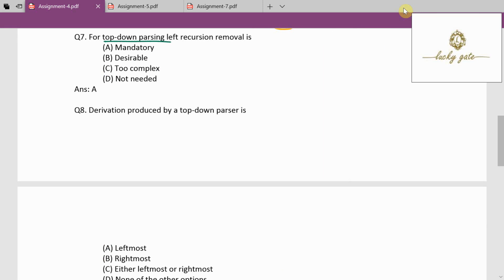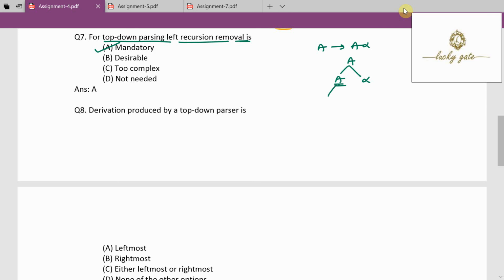For top-down parsing, left recursion removal is mandatory. Why? Because we have discussed that left recursive grammars are of the form A tends to A alpha. So when it is going to derive an input sentence, it will apply a production A alpha. Again it has to replace the leftmost non-terminal first.